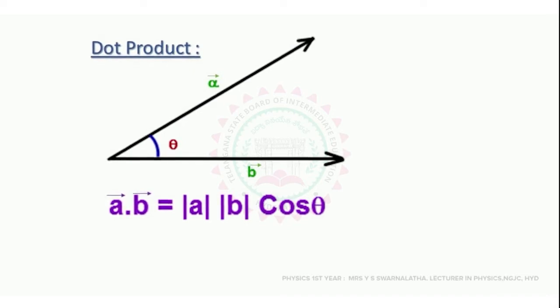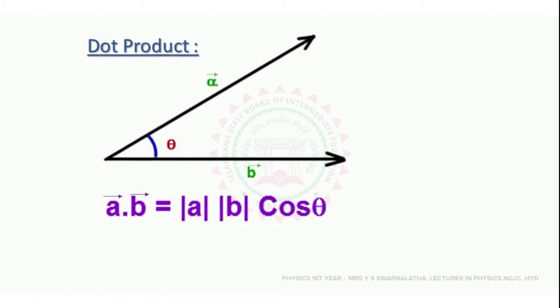Algebraically speaking, it is the product of magnitude of two vectors and the cosine of the angle between them.